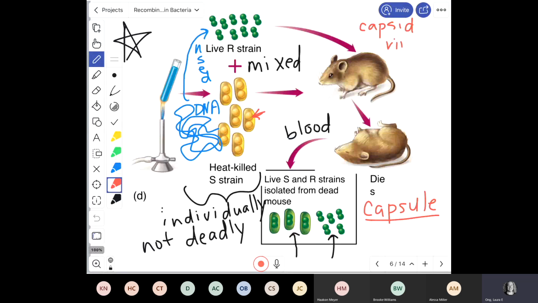So capsid is a virus covering structure, and capsule is a bacteria covering structure. But all it takes to turn a rough strain into a smooth strain is to get the capsule gene. That's what it took to do the transformation. Griffith did not discover this part himself, actually.